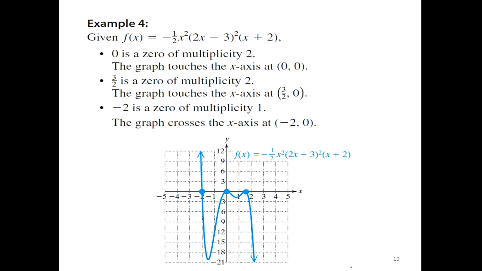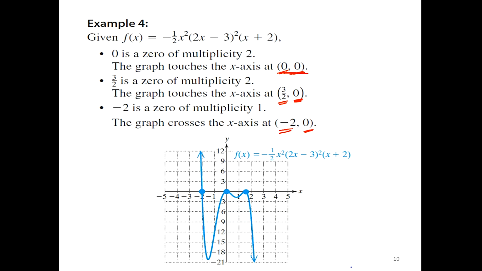Now, we have the point 0, 0. After we find the value of x, substitute these values of x, we always have 0, 0, 0, because this is the zero of the function f of x.